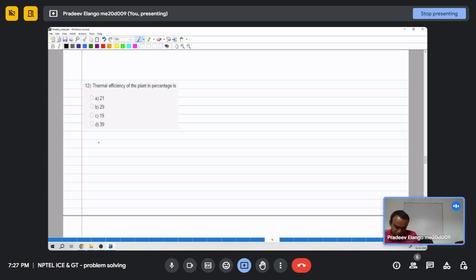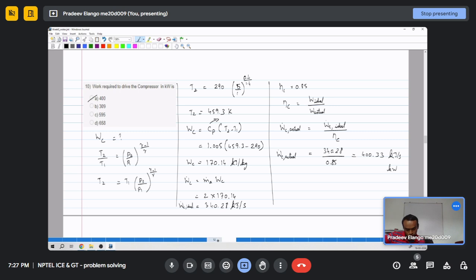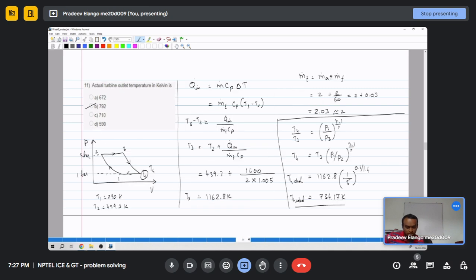So thermal efficiency is the turbine work minus compressor work divided by Qn. We have already calculated Qn, and compressor work is here. We just have to calculate the turbine work output, and then we can substitute everything in the formula.